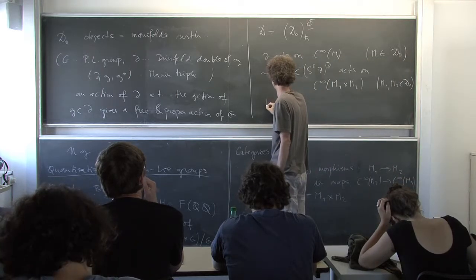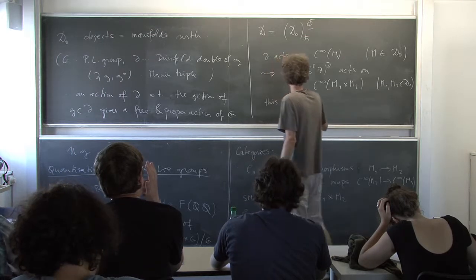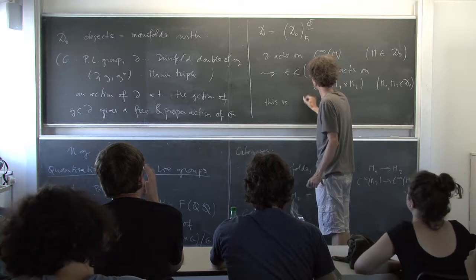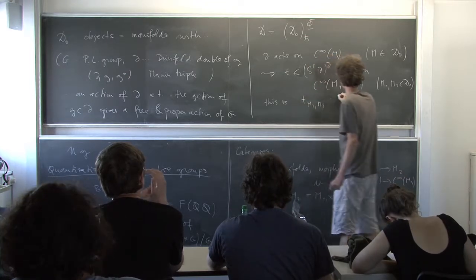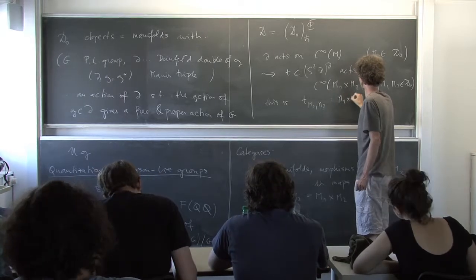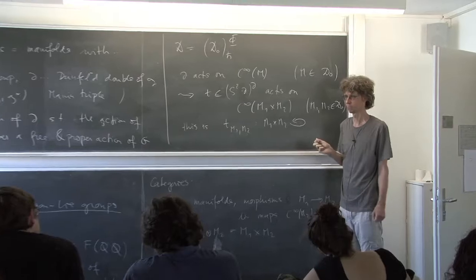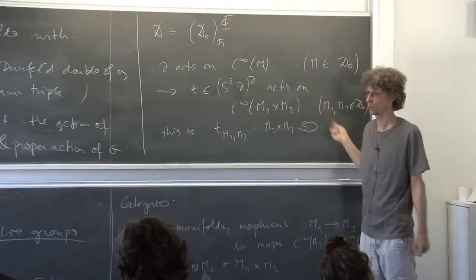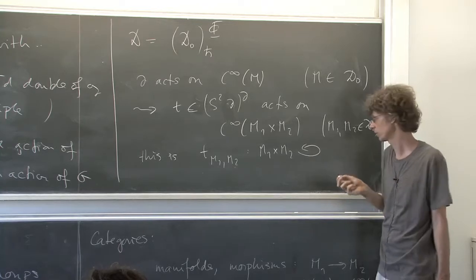And this is T M1, M2, going from M1 times M2 to itself. So this is all. That's how we make this into an infinitesimally braided monoidal category.